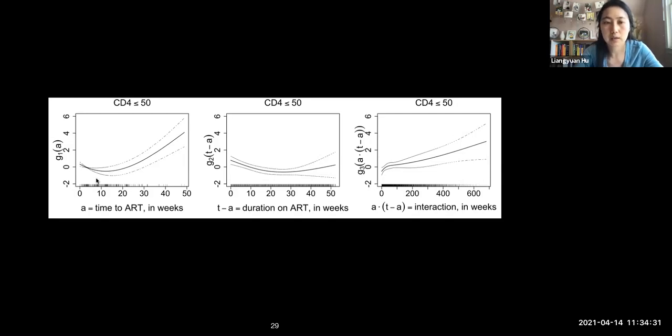And after that, the longer ART initiation is delayed, the lower the benefit. And the second graph, that's the G2 function, that's the effect of treatment duration, essentially suggests that longer ART duration leads to lower mortality hazard. The interaction plot has an upward trend, meaning that delayed ART initiation could reduce the effect of ART duration.